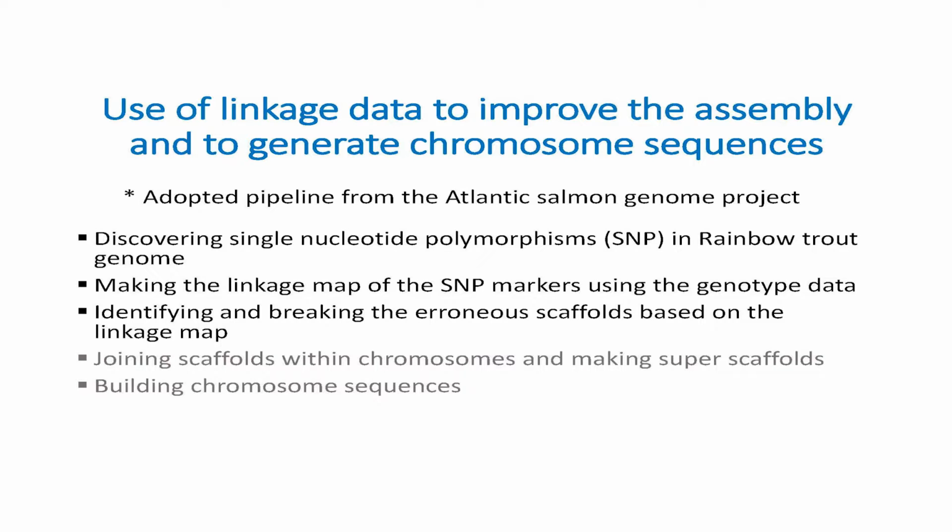If we make sure this is really a problem, we find a place to break the scaffolds. Then we put all these scaffolds in the same chromosome, and using different methods, try to make super scaffolds, and then build the chromosome sequence. These are the pipeline steps we are doing for improving the assembly.